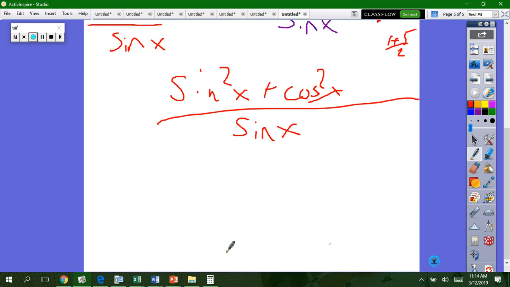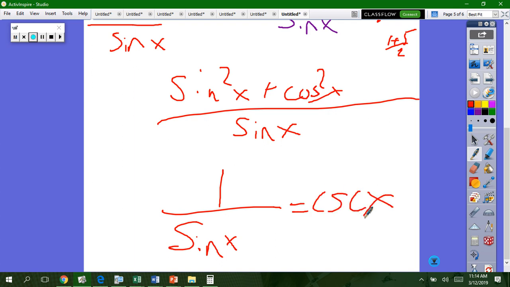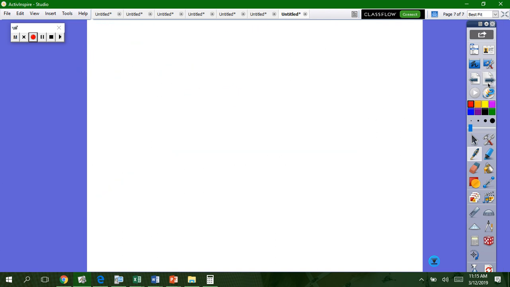Okay, what is the top again? Sine squared plus cosine squared is 1 over sine of x, which equals cosecant. We doing okay? Onward to the next problem. Cosecant.